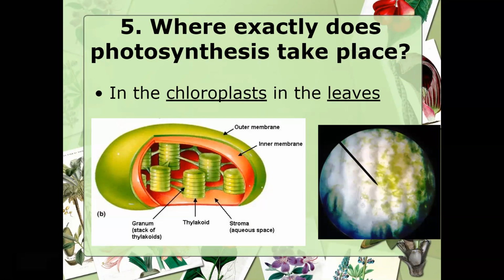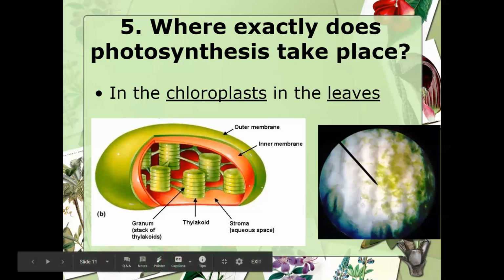But each of these little tiny green dots is a chloroplast popping up. I was able to see those green chloroplasts without dyeing my sample, which was really cool. So that's what it might look like under a microscope without dyeing it.